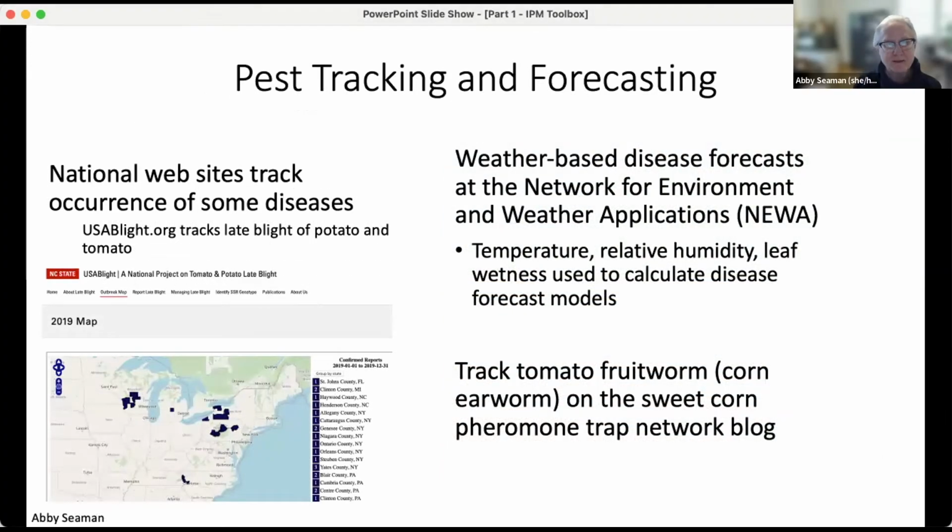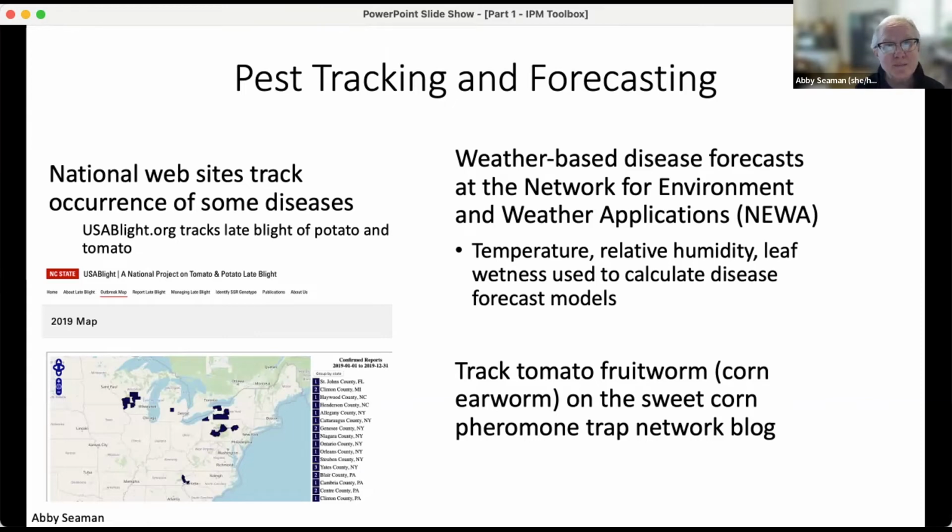Yeah, pest tracking and forecasting can be thought of in some ways as another scouting or monitoring tool, under the bigger monitoring umbrella. And it can be important for having early warning about certain diseases, so that you know that they're in the area before they actually arrive in your field.